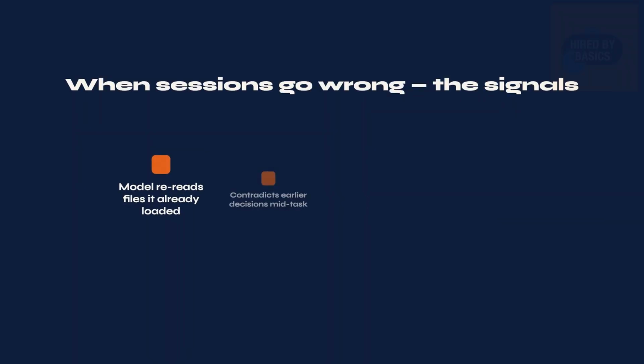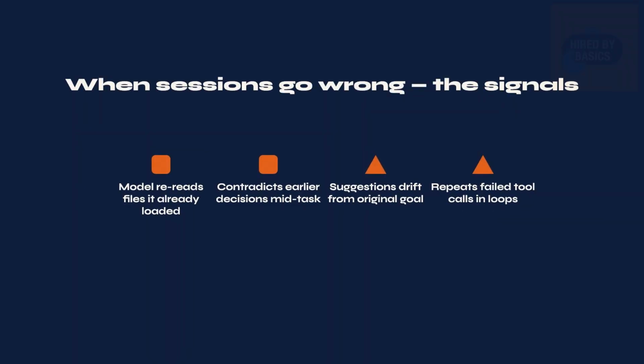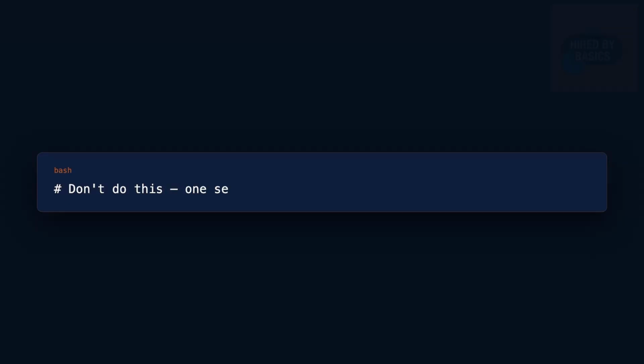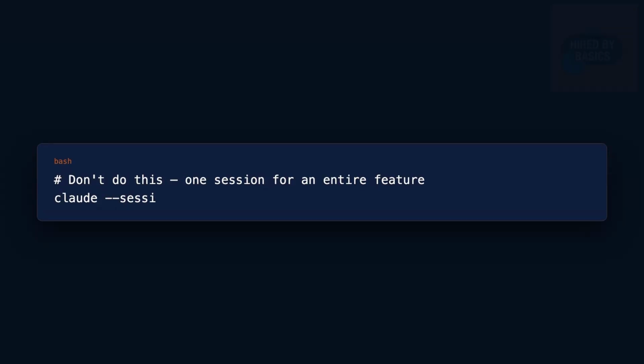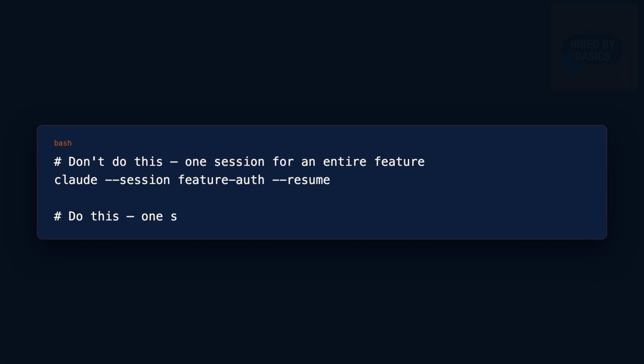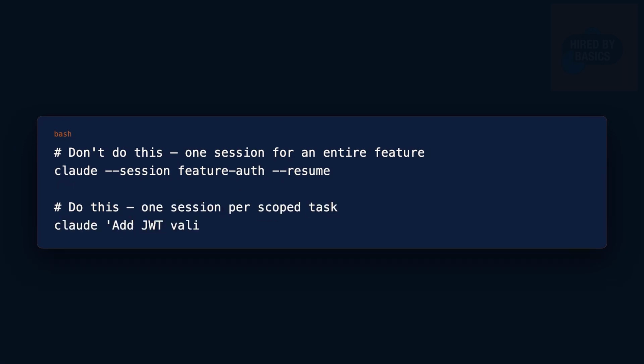The longer the session, the more noise competes with signal. Engineers assume the model is tracking a clean mental model of the task. It's not. It's drowning in its own working memory. The fix isn't prompting harder. It's scoping tasks to complete within a single session, then starting fresh. Treat sessions like stack frames, not terminals you leave open for days.